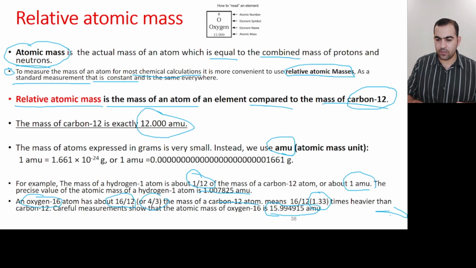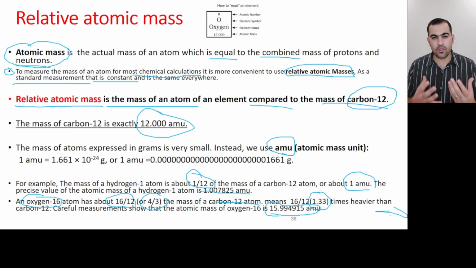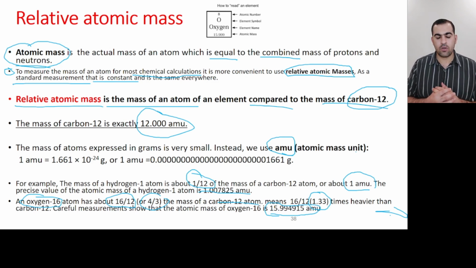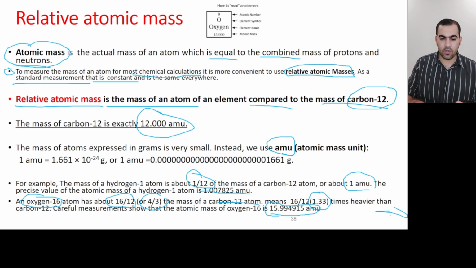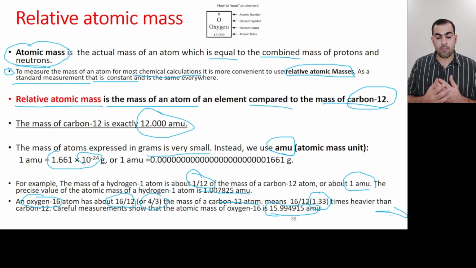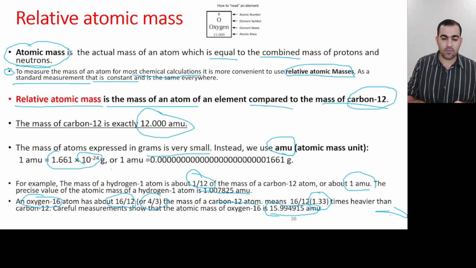A comes from atomic, M mass, and unit. Atomic mass unit is a unit we use to measure the mass of atoms. We don't use gram, because if we use gram, the numbers are very small. 1 AMU equals 1.661 times 10 to the power minus 24 gram, or minus 27 kilogram, which is very small. Instead we use AMU.